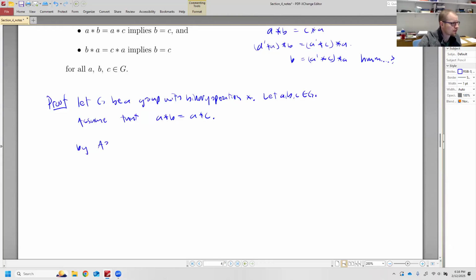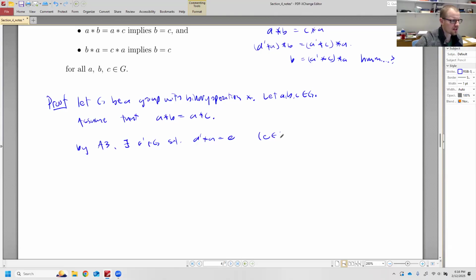By axiom 3, we need to satisfy the 3 axioms to be a group. There exists A prime in G such that A prime star A is equal to, well, actually, that's the only thing that I need. I don't need A star A prime, but this is equal to the identity E, whatever the identity happens to be.